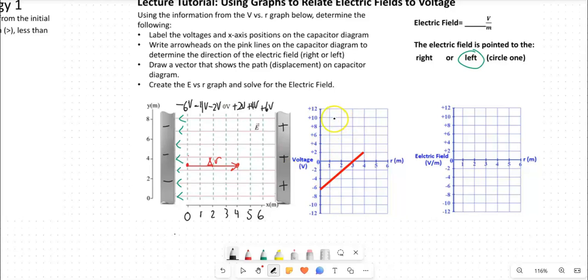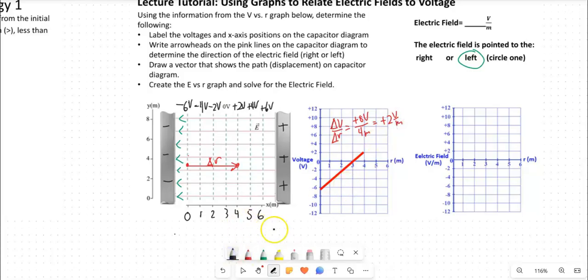The slope is rise over run, so the slope of this line is right here. This is going to be +8 volts, and it's changing across 4 meters. So the slope of this line, which is not exactly the electric field, is +2 volts per meter.